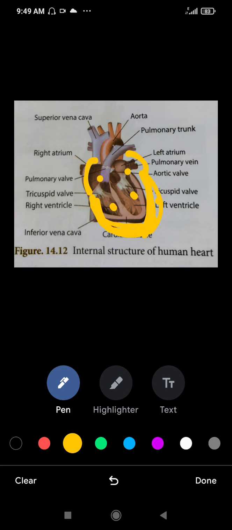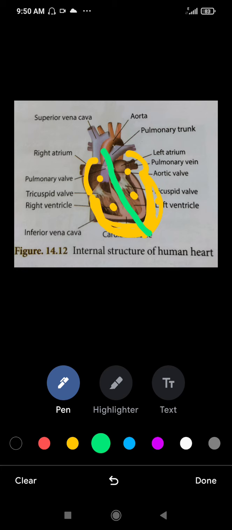These chambers are separated by a partition known as the septum. For what purpose is this septum there? The function of the septum is that it prevents the mixing of oxygenated and deoxygenated blood.